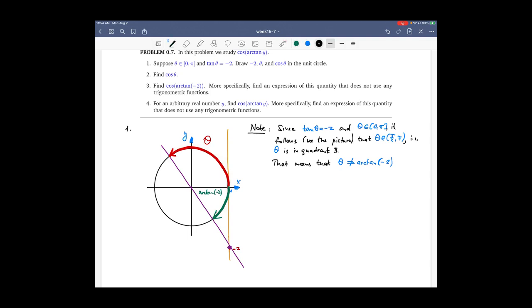If we add to arctangent of -2 1/2 revolution, we get theta. We first go by arctangent of -2, that brings us here, and then we make a half revolution in the positive direction, that brings us to theta.